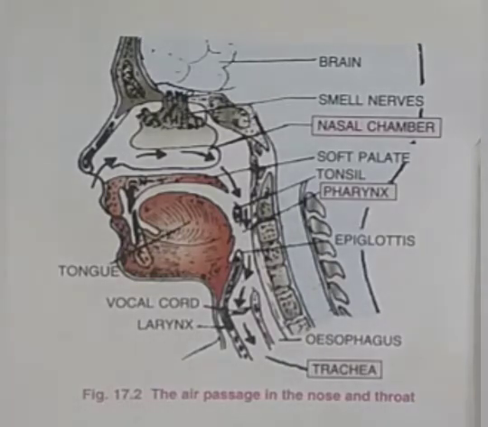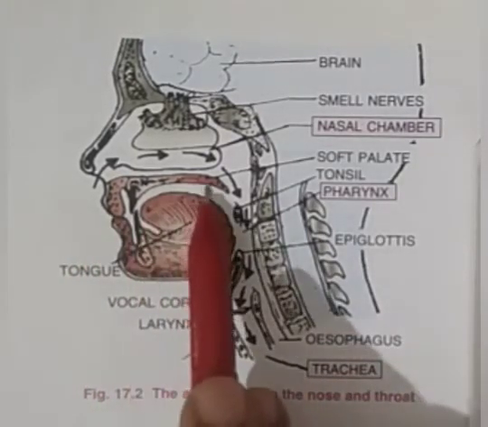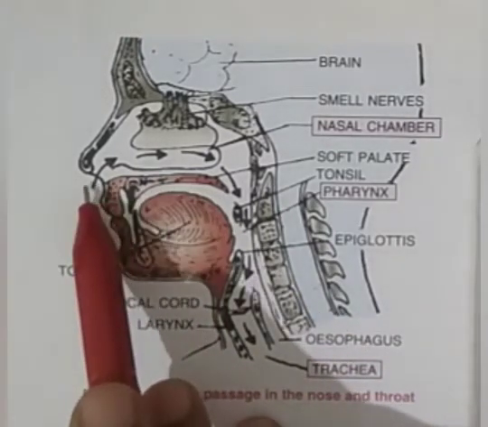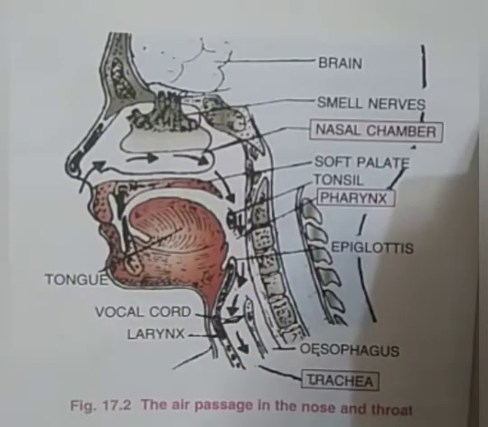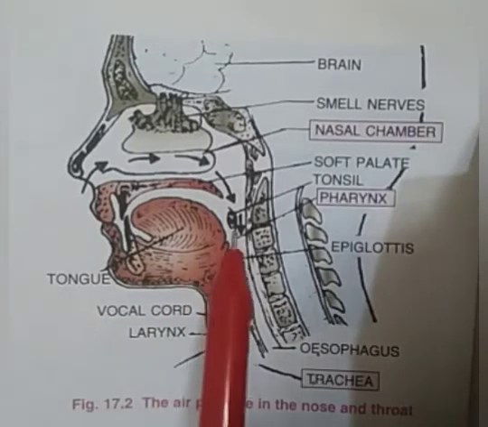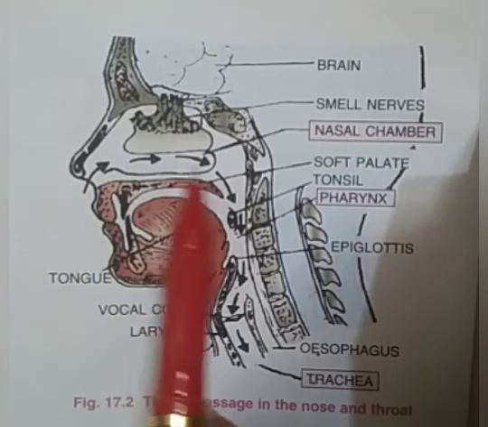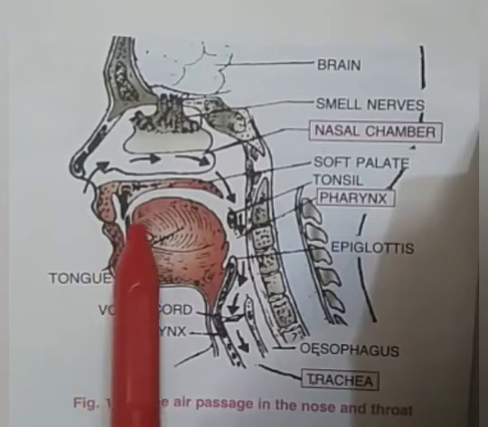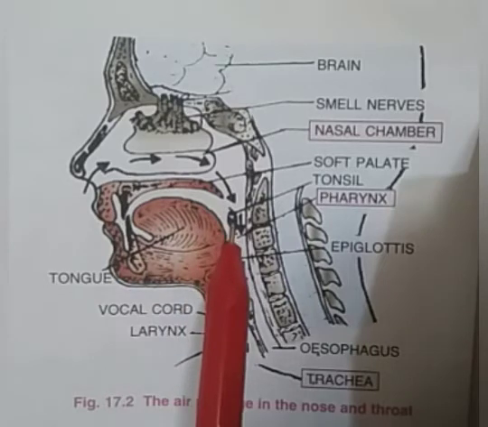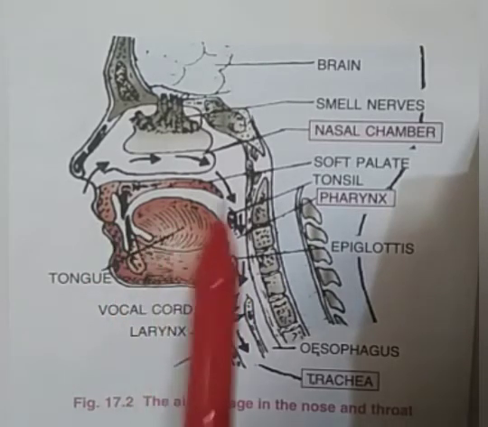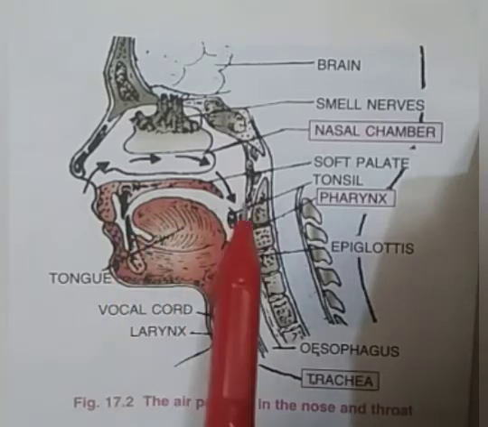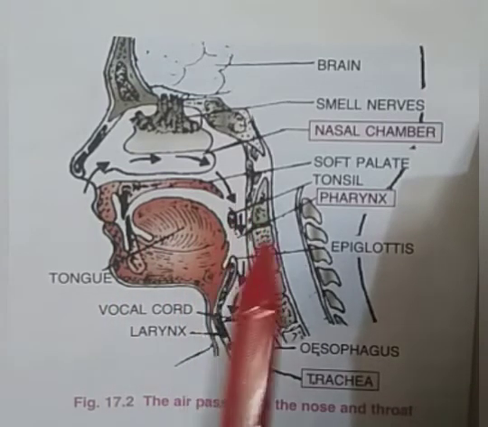Now, you have already studied digestion. We know that food enters through the mouth, and here you are studying that air enters through the nose. Both food and air have a common passage, known as the pharynx. Air enters from here, and food enters from the buccal cavity, into a common passage known as the pharynx.